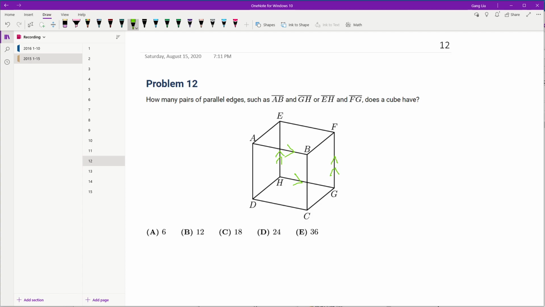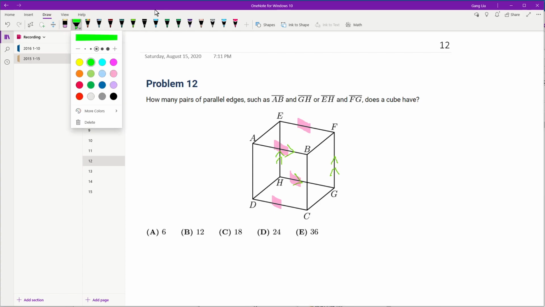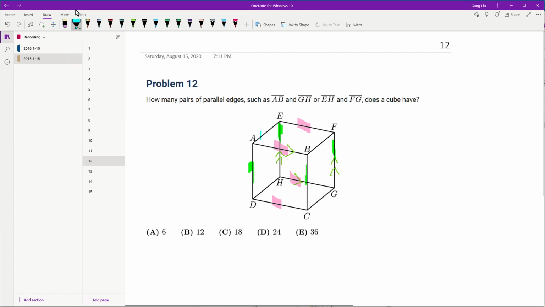So when we observe the cube, horizontally we have 4 parallel lines, and vertically we have 4, and horizontally going in depth we still have 4. We altogether have 12 edges.